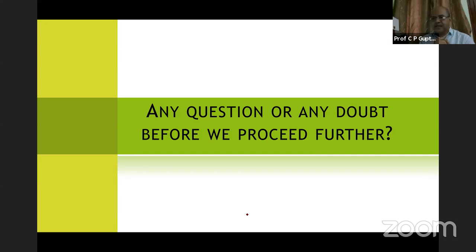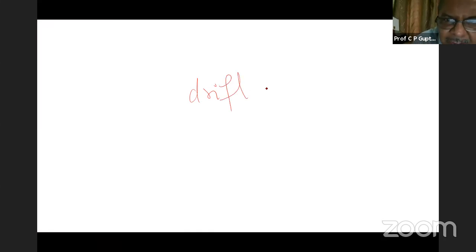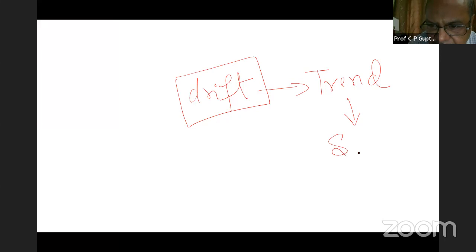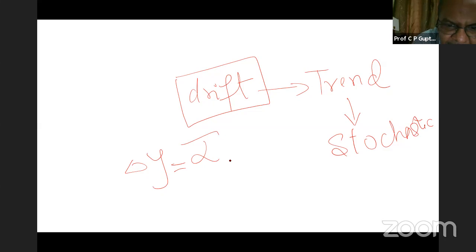Okay, so Ambinder Singh is asking, can you explain the difference between drift and trend? A series that is having a drift will have a trend, and that trend will be a stochastic trend, because you will find that the change in y is equal to the drift alpha plus an error term, which is random.